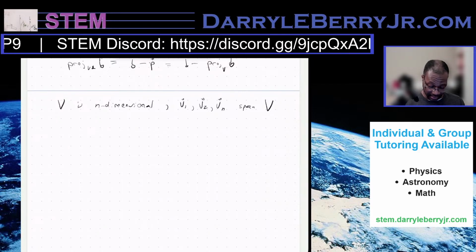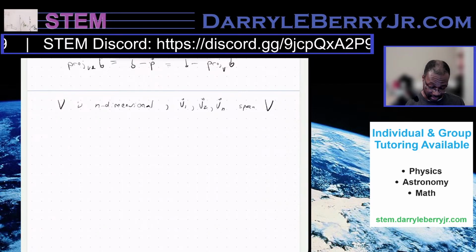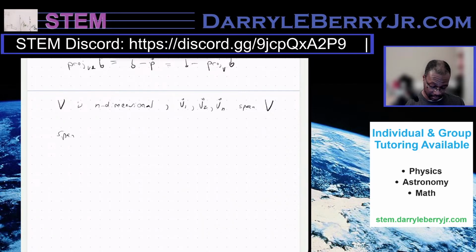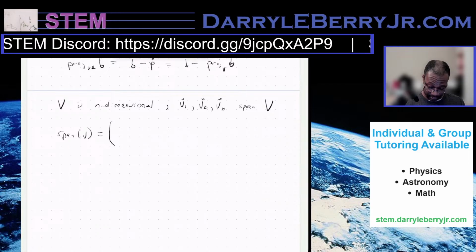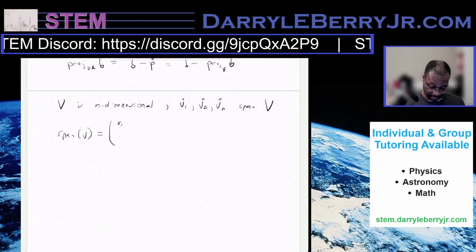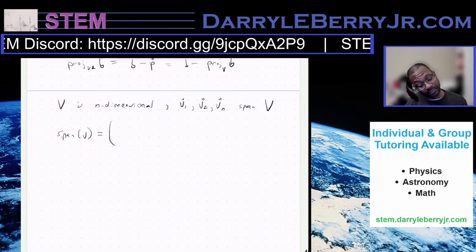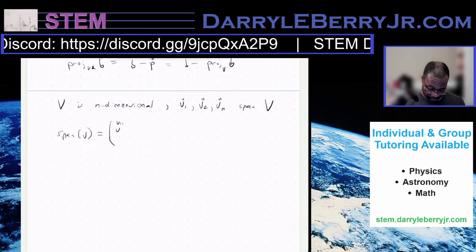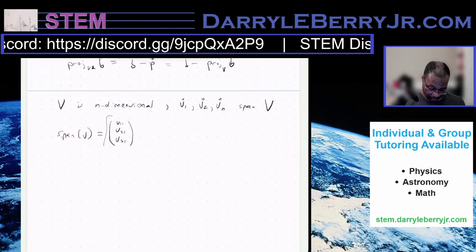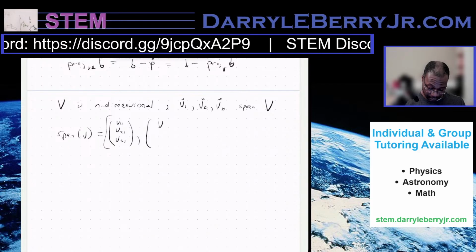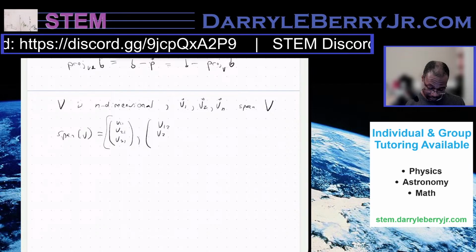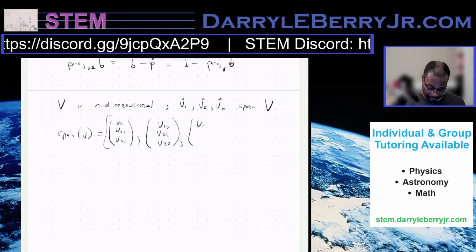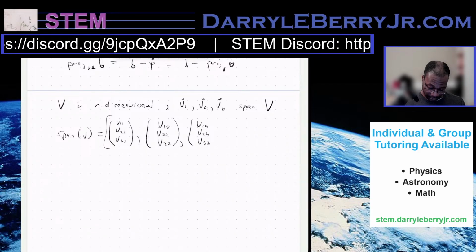They span V. So that means we have a matrix. Let's say V span equals V1 and so on.